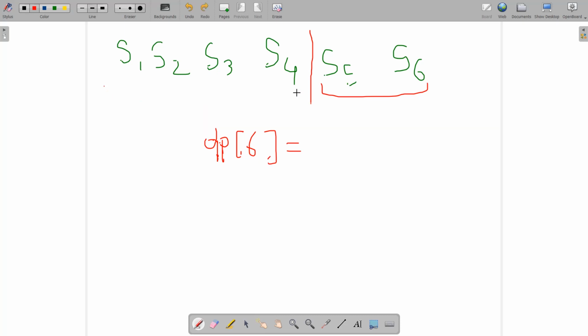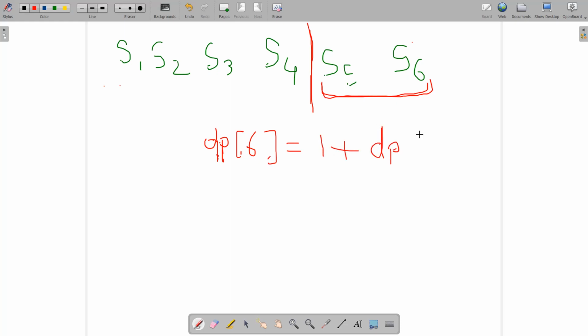We have dp of 4 being the minimum cuts required for the palindromic partition from this one to this one. Now we need to do the partition over here to include this character. In that case, we need to ensure that the string formed from s5 and s6 must be a palindrome. Then you write 1 plus dp of 4.